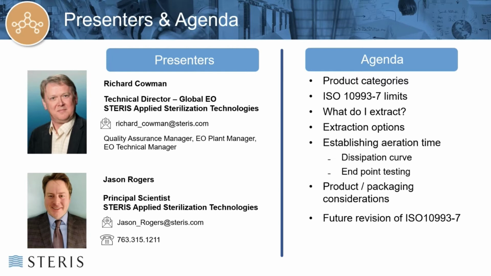We will cover the extraction methods for determining residues, as well as considerations that should go into the design of product residue testing. Additionally, we will examine newer requirements around special patient populations. And lastly, we will discuss how aeration times are determined and how packaging and other considerations can assist in reducing or removing residues.